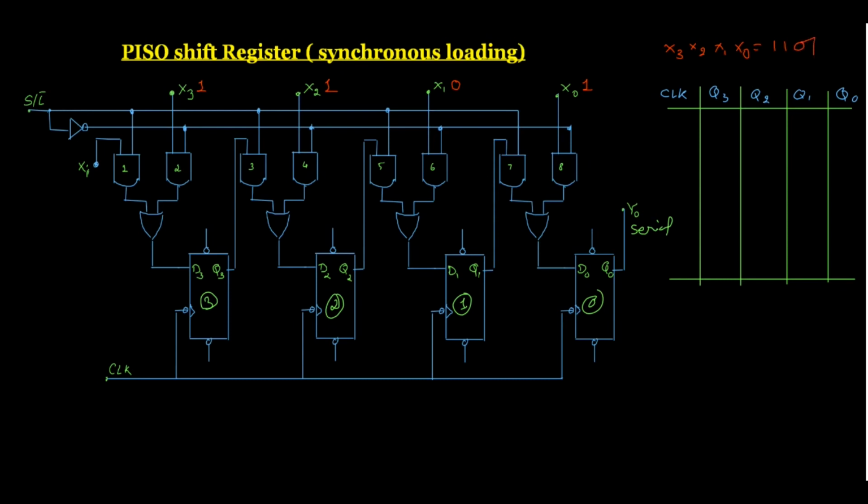This data has to be entered into the SIP register, and for that we have one control line known as S/L bar, which is the shift or load line.